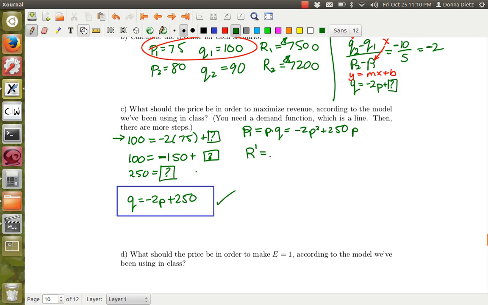But let's just take the derivative and set it equal to 0. Then equals 0. So we get 250 equals 4p. 250 over 4 equals p. So price is half of 125. It is 62.50.